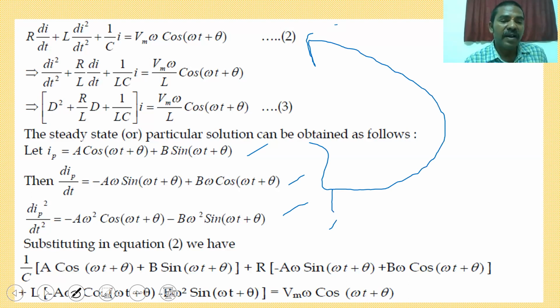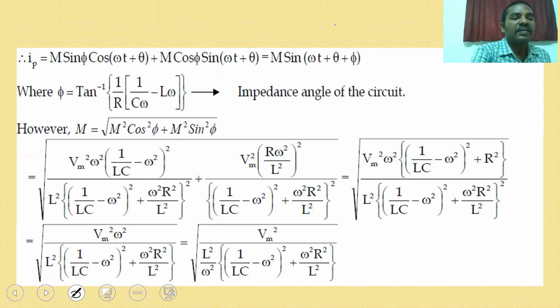You can get the final value as iss = a constant times sin φ cos(ωt + θ) plus a constant times cos φ sin(ωt + θ), or M sin(ωt + θ), where M is the square root of M² cos²φ + M² sin²φ. That is the M value, and φ is tan inverse of (1/(ωC) − Lω)/R.